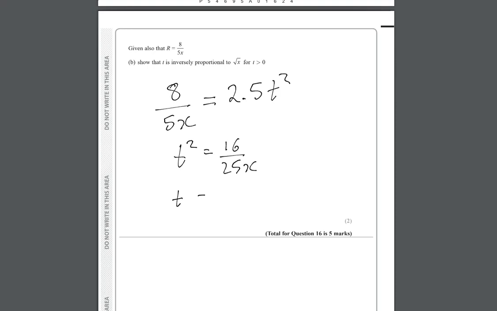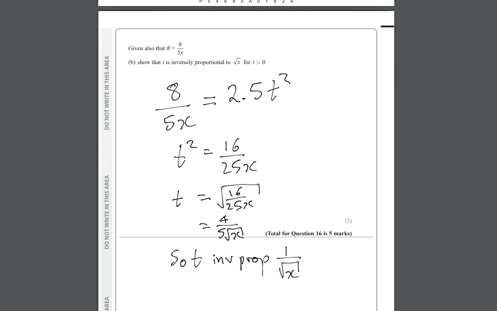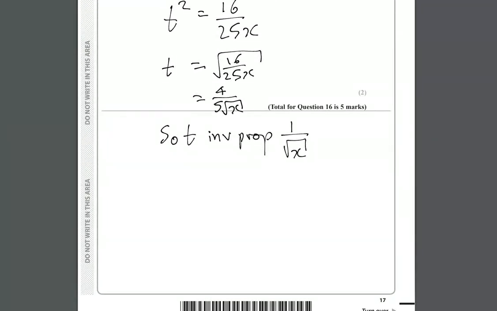So t is the square root of that, the square root of 16 over 25x, which is 4 over 5 times the square root of x, which shows t is inversely proportional to the square root of x. There we go, done.